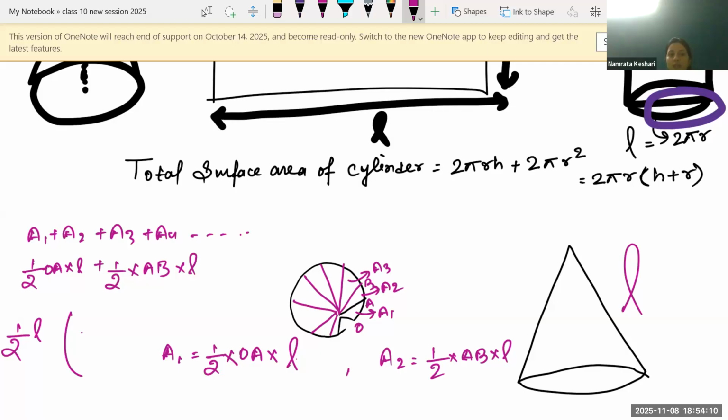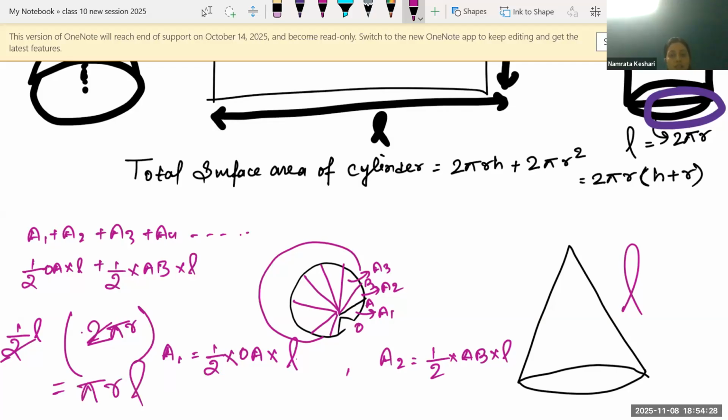Hence the formula pi r l, which you have always learned. L is the slant height.